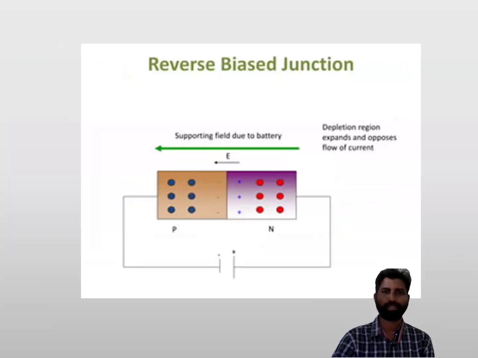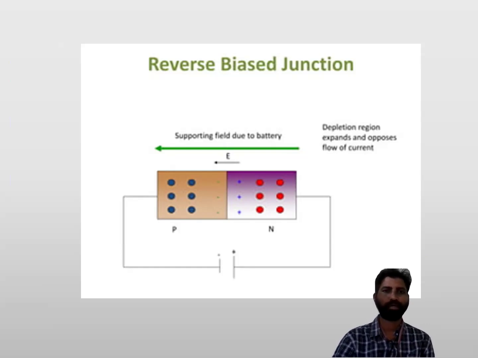Now come to the reverse bias. In the reverse bias condition, we reverse the terminals. That is, the negative terminal is connected to the P type, and the positive terminal is connected to the N type. In this case, we are not supposed to apply the opposing field from the battery, but we are supposed to apply the supporting field from the battery.